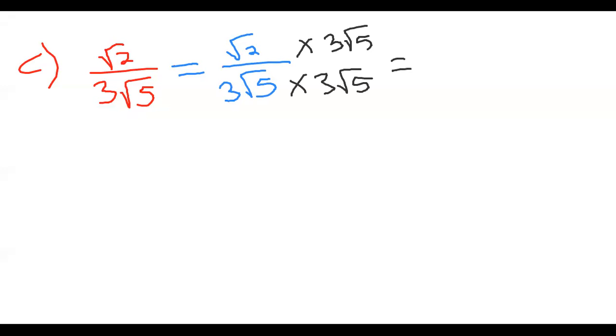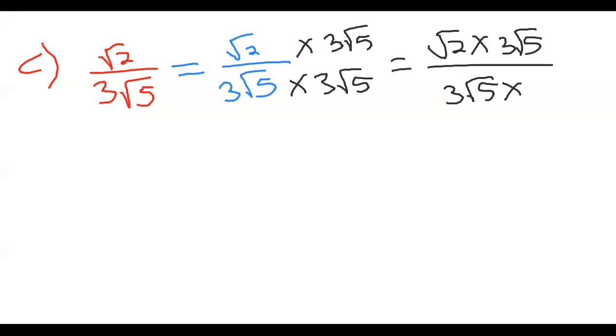This is the same as root of 2 times 3 root 5 divided by 3 root 5 times 3 root 5 under a root, like that. Remember the rules that we had at the end of the last lesson, and I've just reminded you of those rules.